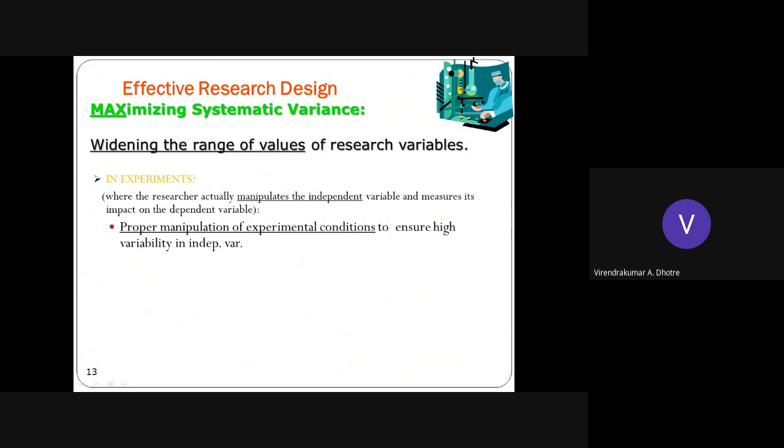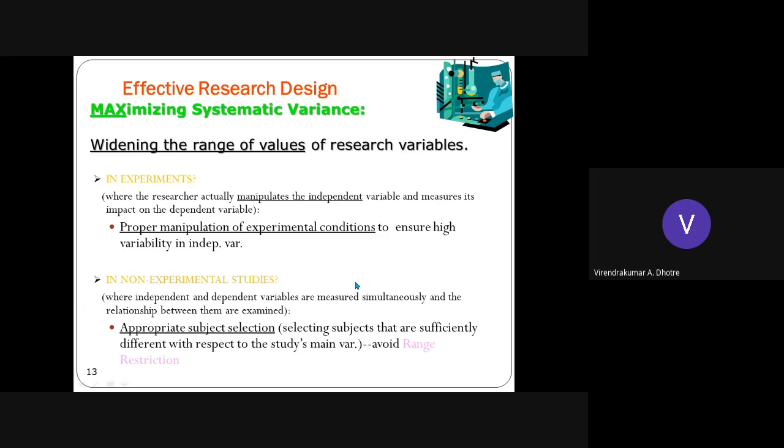So proper manipulation of experimental conditions so that we can ensure high variability of independent variables. So that is how we can do maximizing systematic variance. That is regarding experiments.